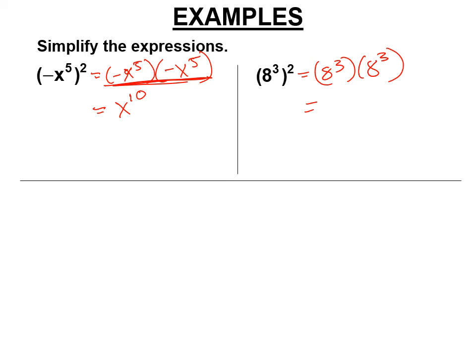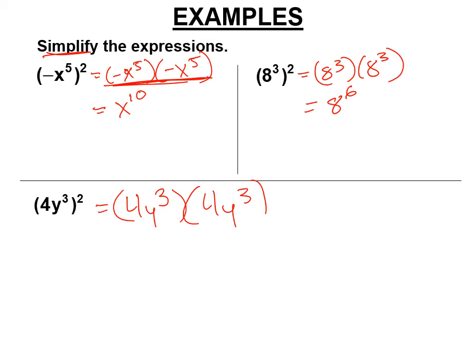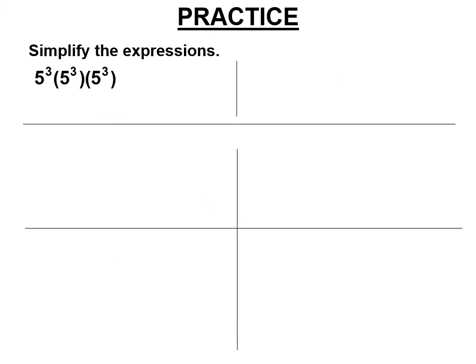Right? You treat this just like x. It says simplify, so it's 8 to the 6th. Again, you write this out, you see it's 4 times 4 is 16 for the coefficients. y cubed times y cubed, y to the 6th. So here's the practice.